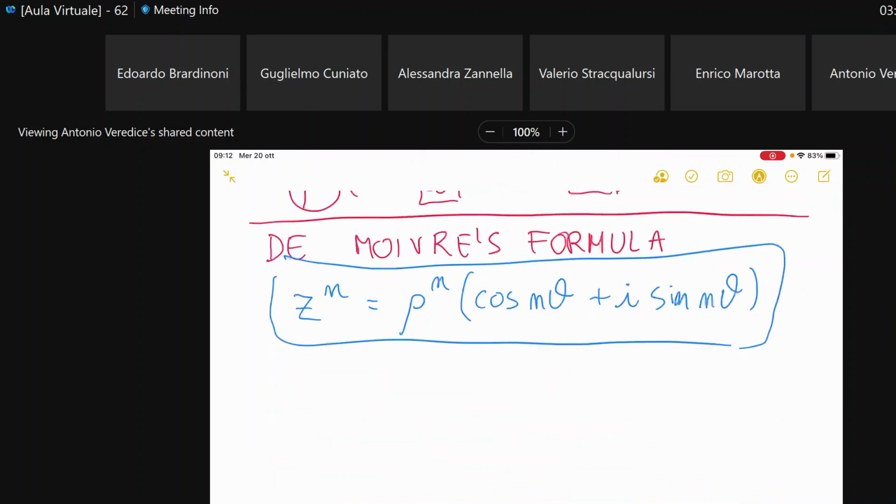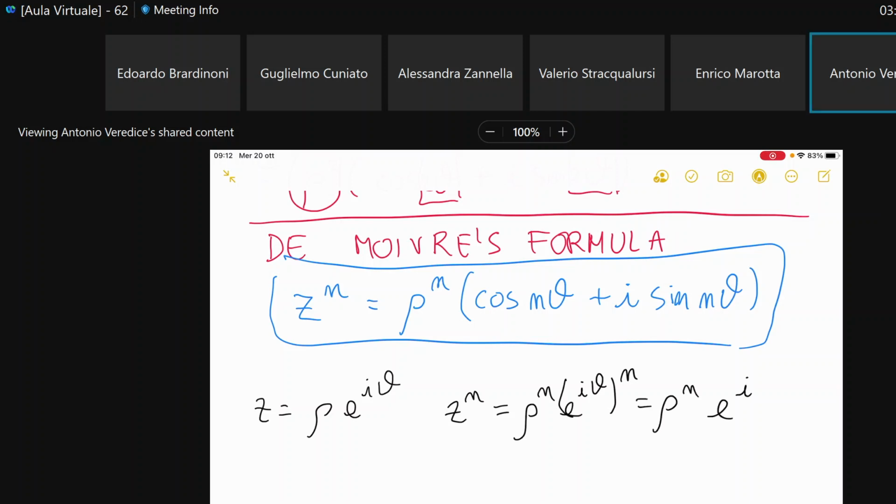Okay, and we will use it in an example, but before that, I want to notice that if you write z in the exponential form, you'll find this De Moivre formula in computing z to the n, since z to the n is rho to the n times e to the I theta, to the n. And this is like rho to the n times e to the I n theta, this is simply the property of powers.